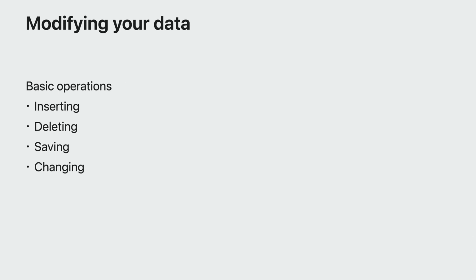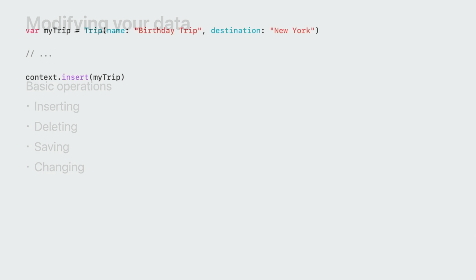SwiftData also makes it easy to create, delete, and change your data by using the model context to drive these operations. After creating your model objects like any other Swift classes, you can insert them into the context and begin using SwiftData features like change tracking and persistence. Deleting persistent objects is as easy as telling the model context to mark them for deletion. And you can save these and other pending changes by asking the model context to save them and commit them to the persistent container.